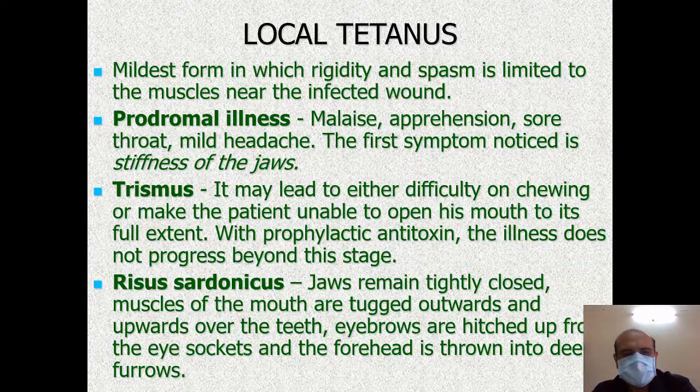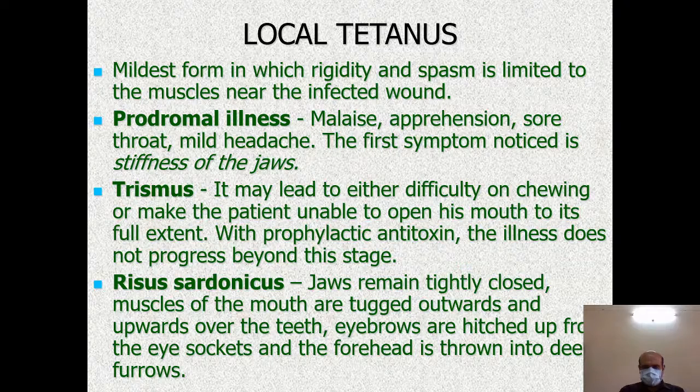The first symptom noticed is stiffness of the jaw, trismus. It may lead to difficulty in chewing, or make the patient unable to open his mouth to its full extent. With prophylactic antitoxin, the illness does not progress beyond this stage.